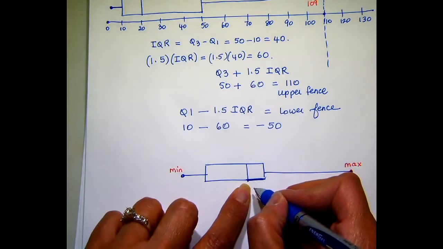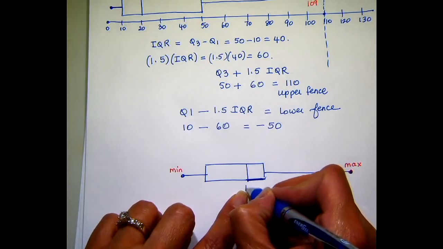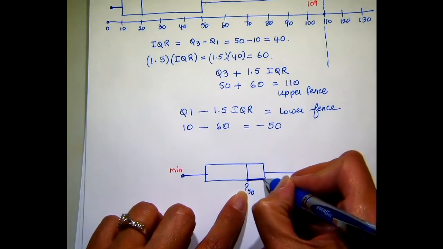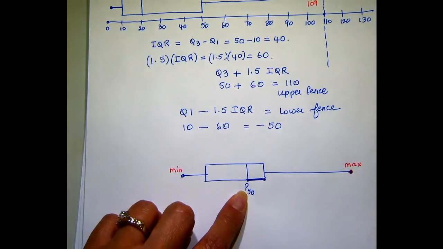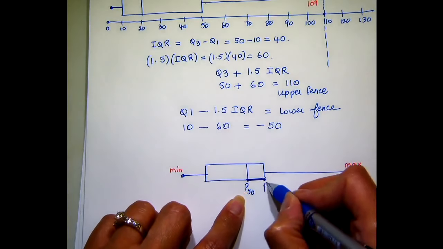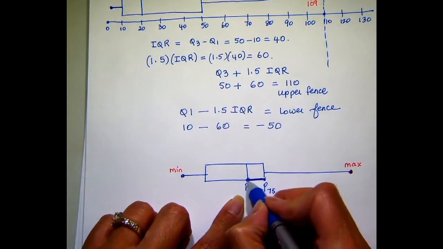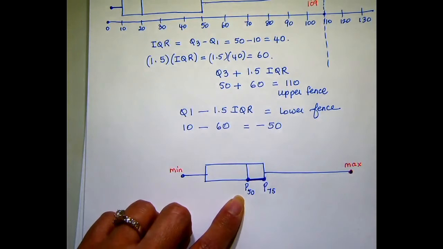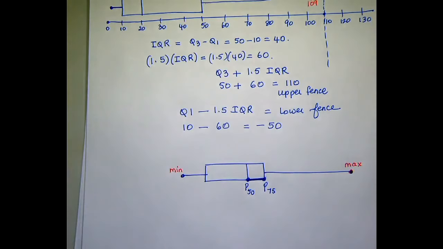So what percentile? 50th percentile. What percentile is this one? 75th, right. So between here and here lies what percent of the data set? 25% of the data set. And I have a very small little range to hold 25% of the data set.